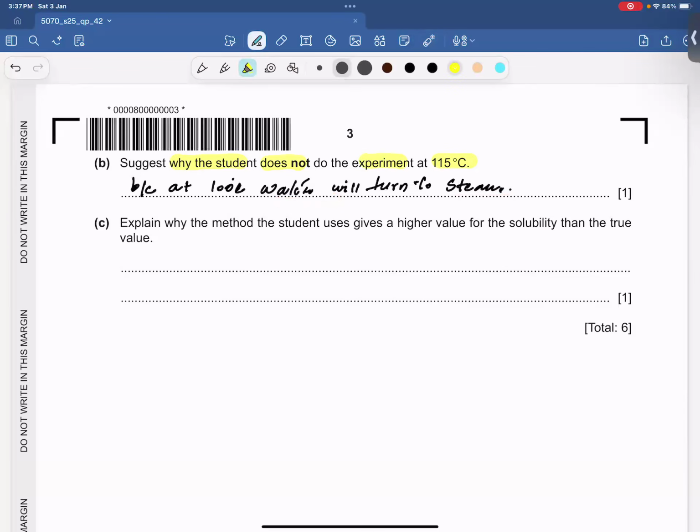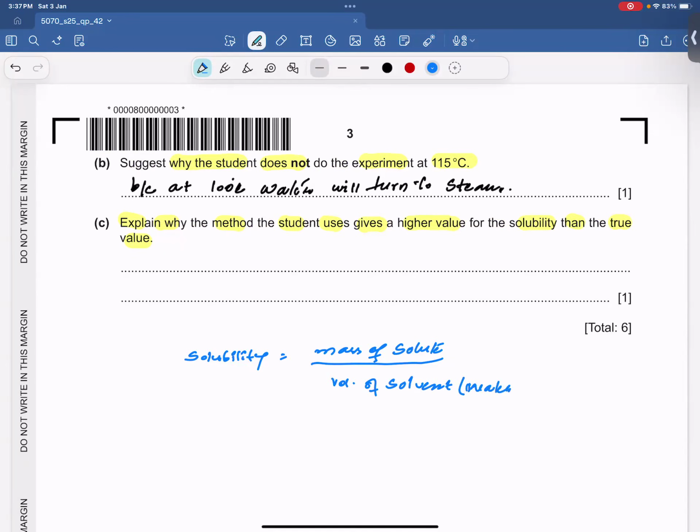Okay. Next is: explain why the method the student uses gives a higher value of solubility than the true value. I have told you in variance 21 about this. See, solubility has a formula: mass of solute in gram over volume of solvent, and that solvent is basically water, and it has to be in dm cubed.